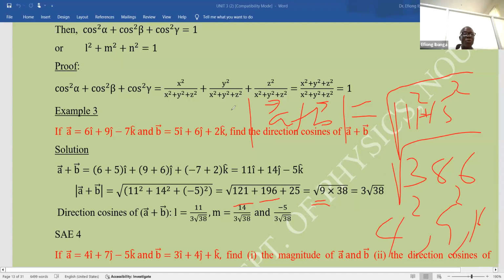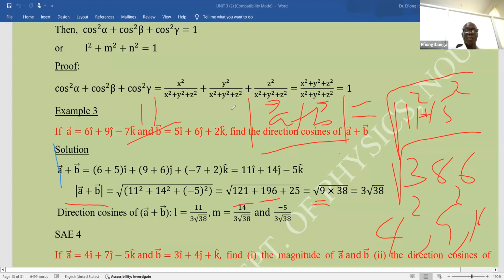All we need to do now is, now that we have this, this is my R, the modulus, the magnitude of the vector I'm dealing with. So the top is going to give me 11.